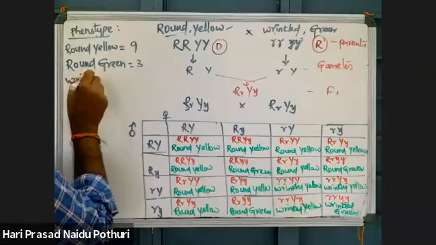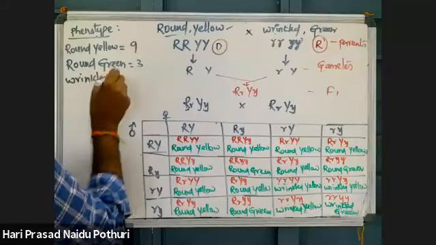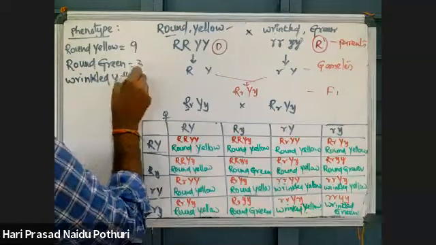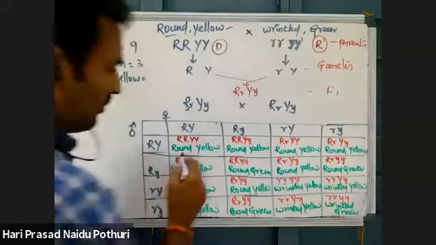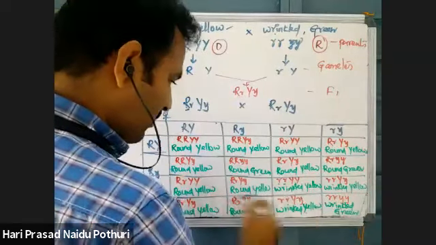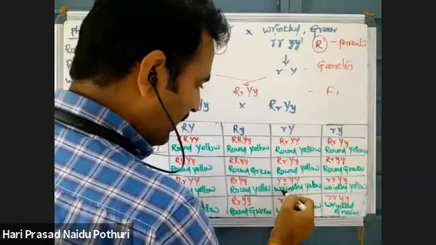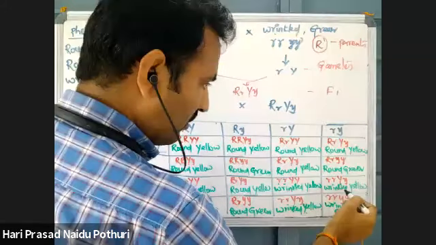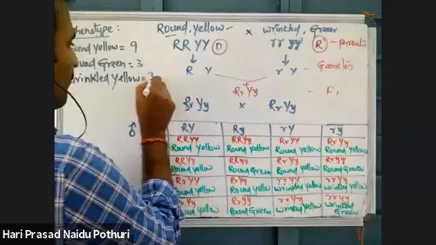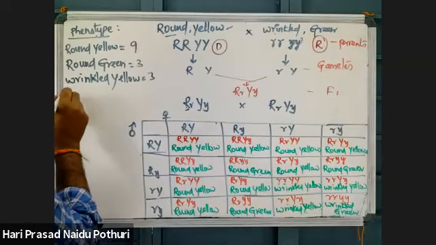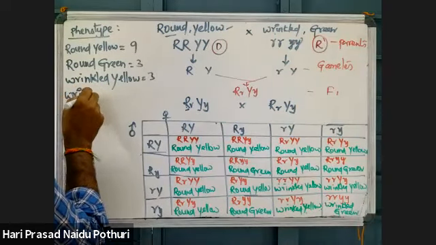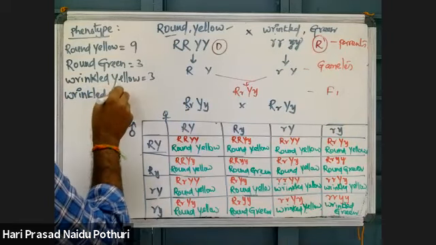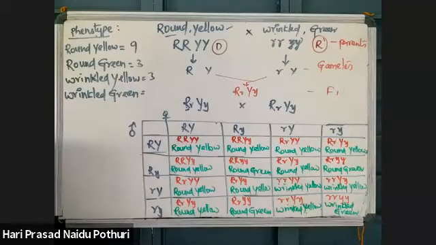Then wrinkled yellow. All are round. Wrinkled here. Wrinkled yellow: 1, 2, 3. And finally, wrinkled green.